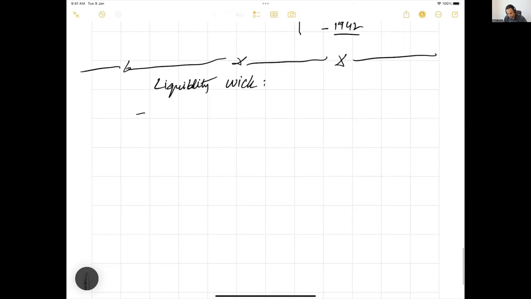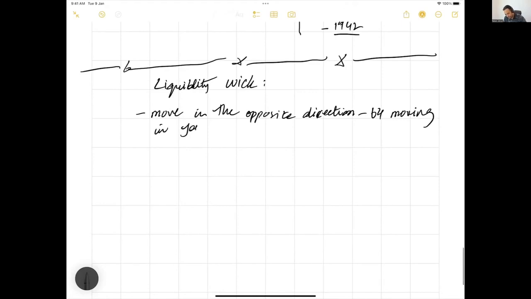A liquidity wick is a move in the opposite direction. Basically, that's all it is. A move in the opposite direction before moving in your direction. That's what a liquidity wick is.